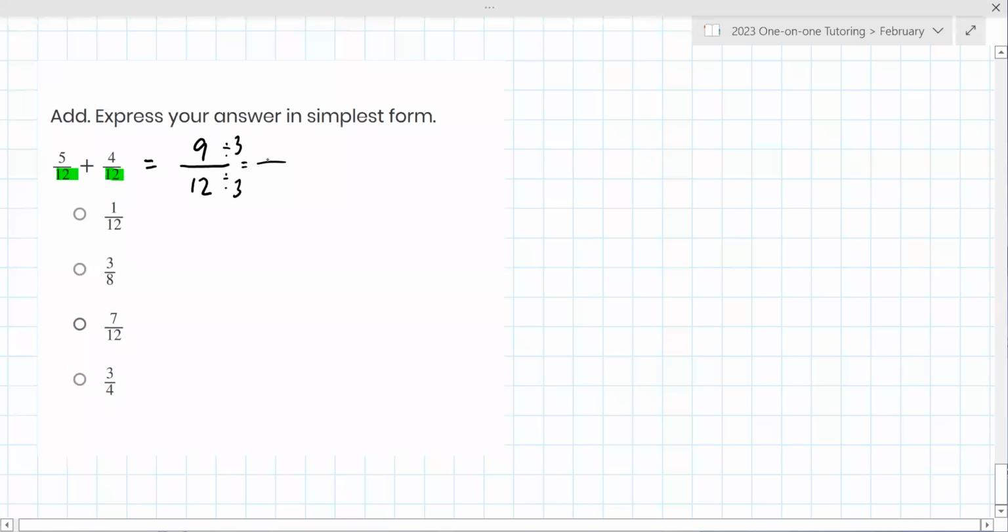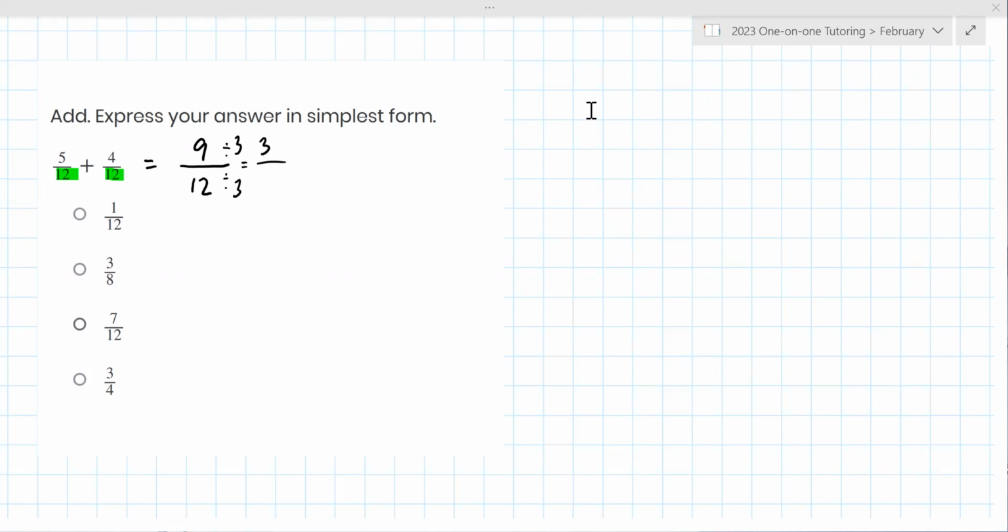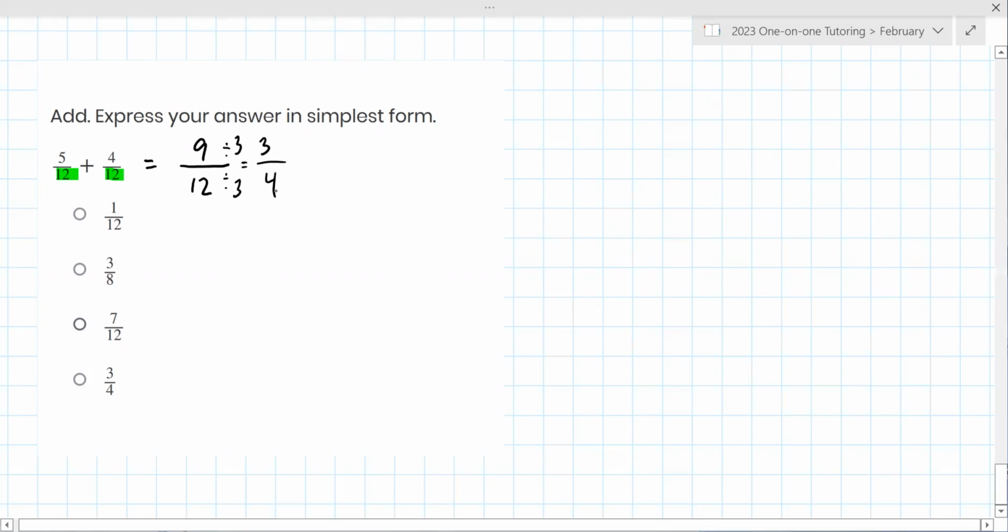What is 9 divided by 3? 3. Okay, and 12 divided by 3? 6. Try again. 5. Try again. 4. 4, yeah. Is that number there in this answer space? Yeah, all the way on the bottom. You got it. Yeah, nice.